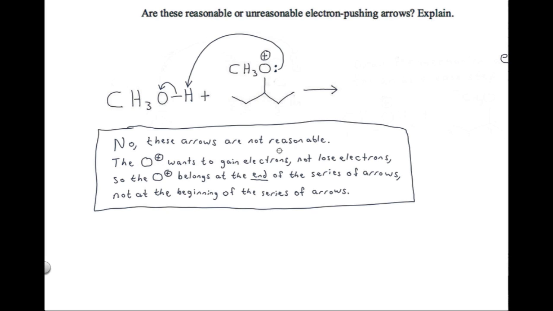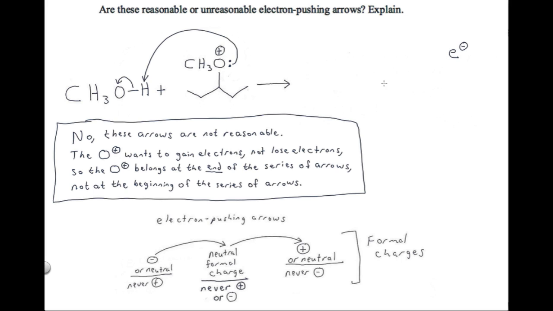These arrows are not reasonable. The O plus wants to gain electrons, not lose electrons. So the O plus belongs at the end of the series of arrows, not at the beginning of the series of arrows. You can see that these electron-pushing arrows violate this pattern that we've established.